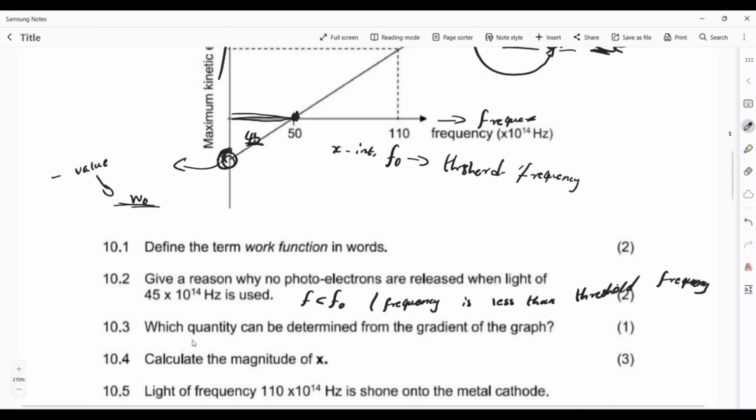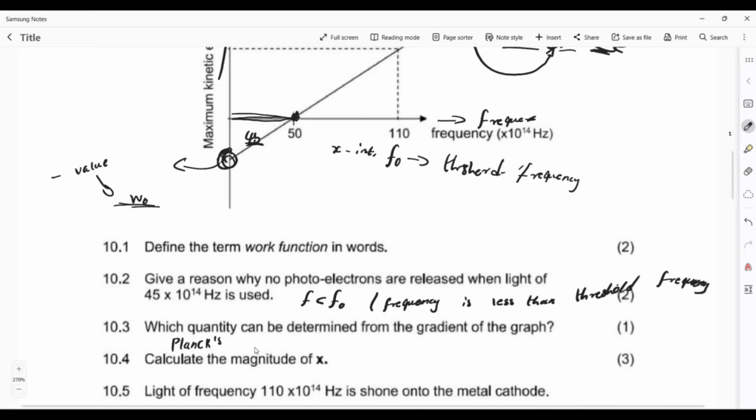Then they said which quantity can be determined from the gradient of the graph. A straight line graph always has a constant gradient from mathematics. So the quantity that can be determined is Planck's constant. I don't know if the spelling is correct.